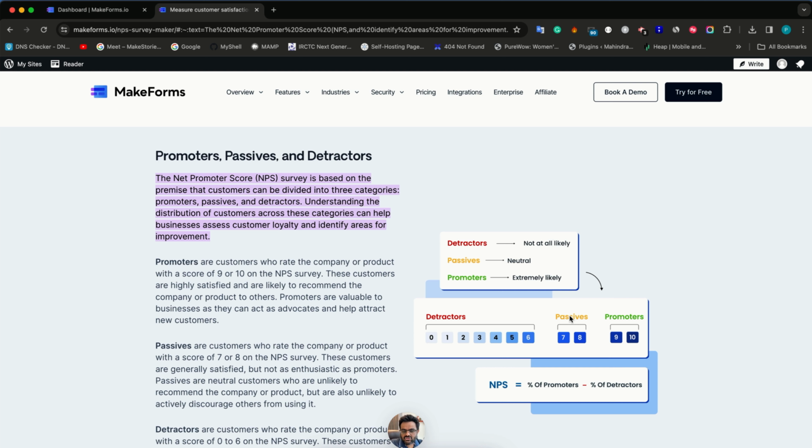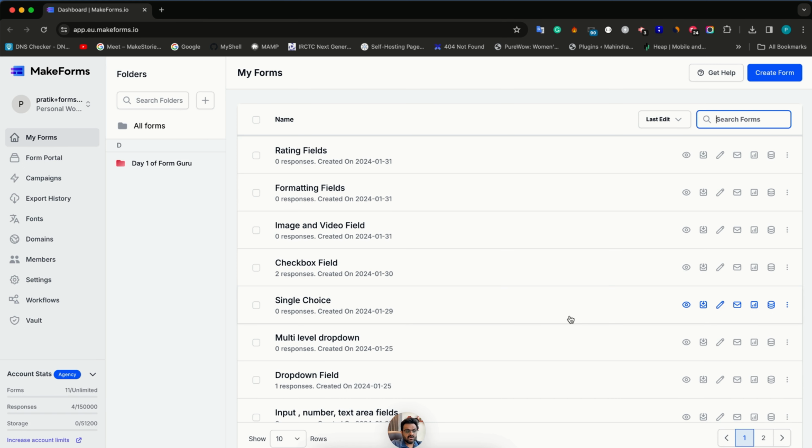So now, based on the people who have filled up that survey, you would get a net promoter score of 0, which might not be accurate. So I would say that this can be a good thing or a bad thing, depending on the number of surveys you are able to get in.